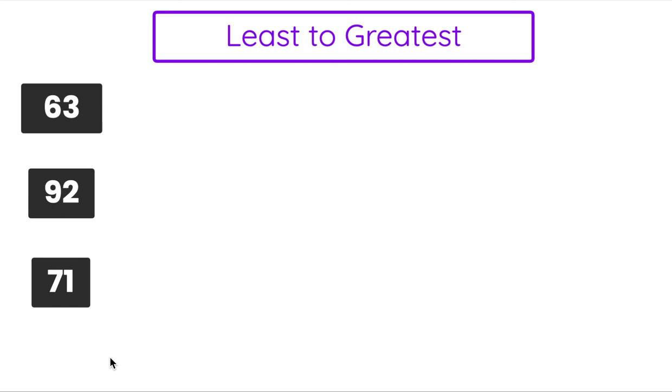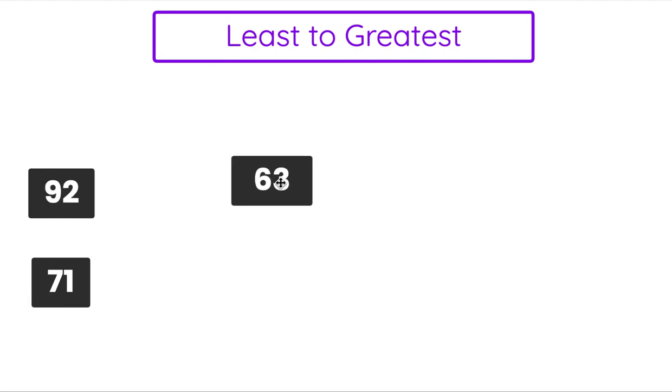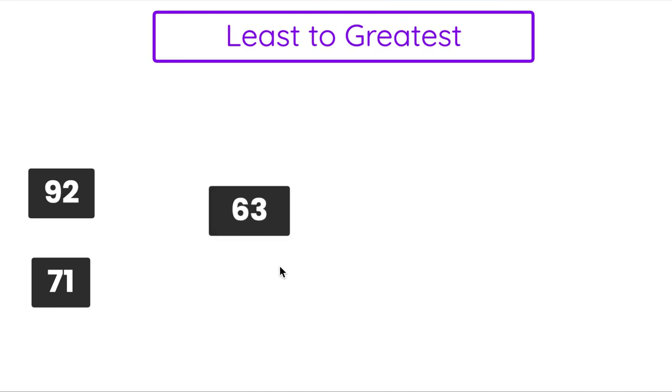Which one's the least number out of the 3 of them? 63, 92, or 71. When we're looking for the least number, we're looking for the little or the lesser number. Out of the 3, the least number is the 63.